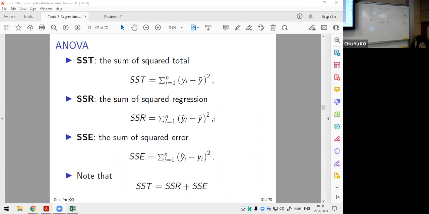So SST, you do some math, we don't prove it here, SST is the sum of SSR plus SSE. There's some math here on why this is true, because they're squared. Without square, it holds true, right? But with square, it's not immediate why it's true. But it turns out they're true.